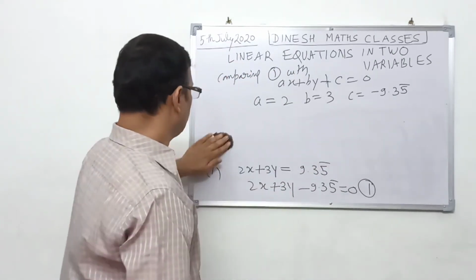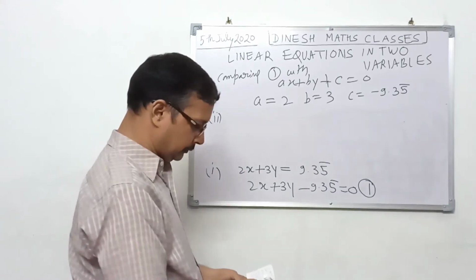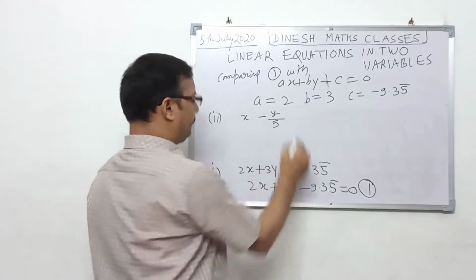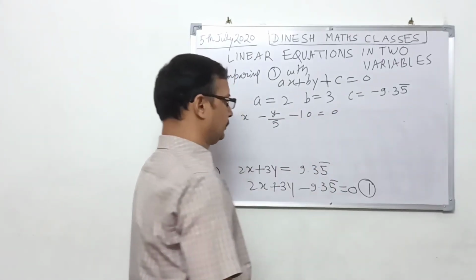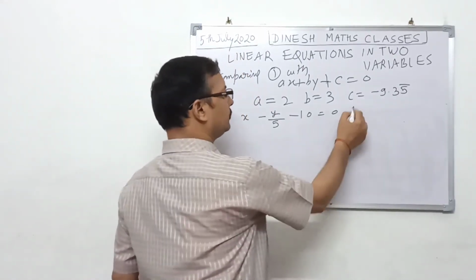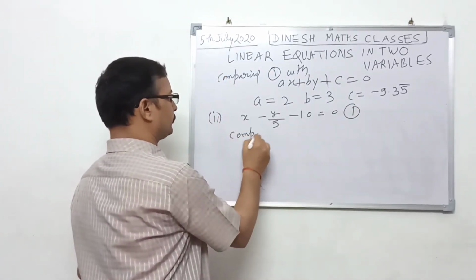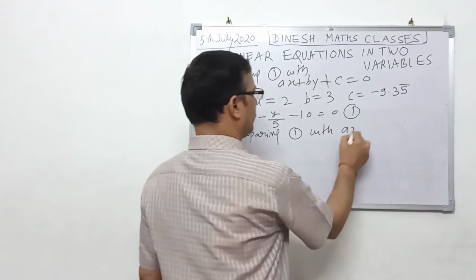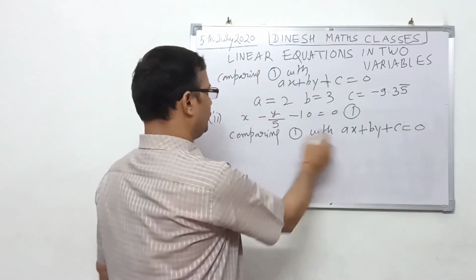See the next part of this question, the second part. The second part is x minus y upon 5 minus 10 equal to 0. Here the right hand side is already 0, so no need to change anything. So comparing with the standard equation ax plus by plus c equal to 0, a is the coefficient of x.